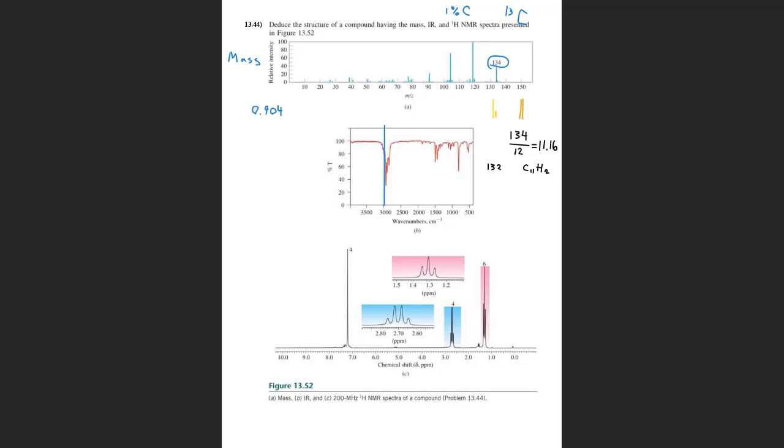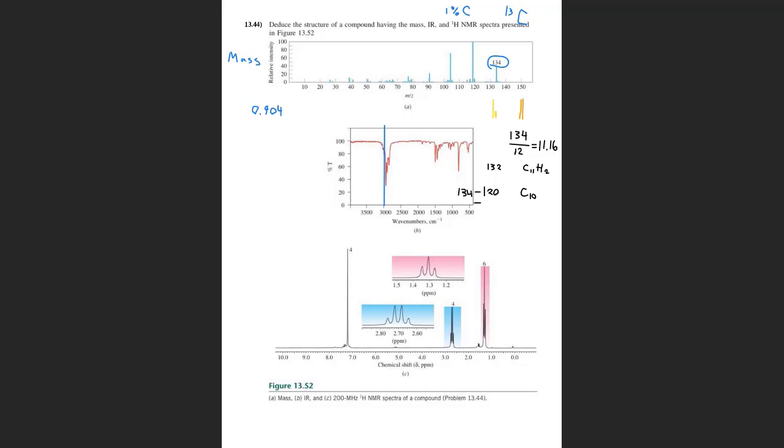Let's say I have one less carbon. If I had C10, well, 10 times 12 is 120. If I subtract 120 from 134, what do I get? 14.